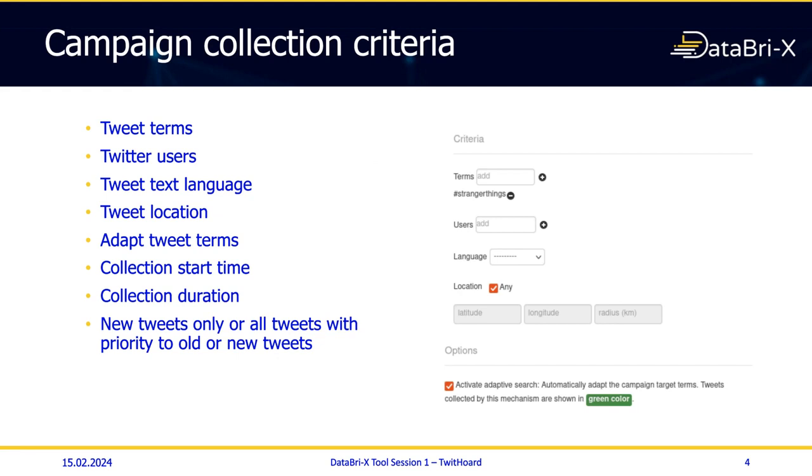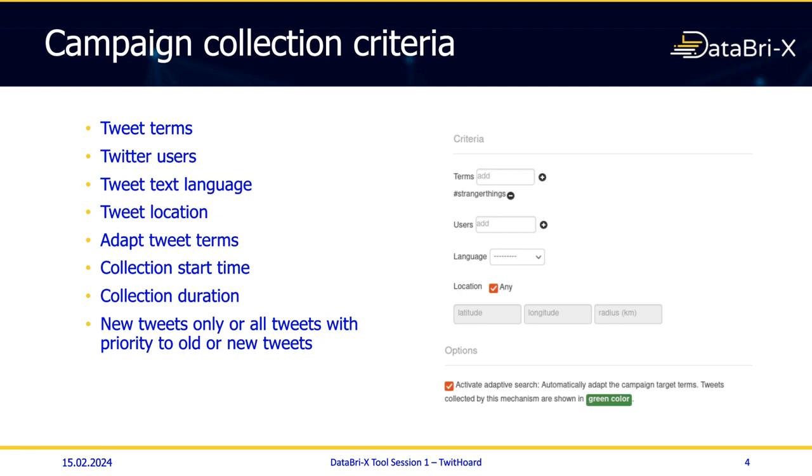The first step in order to begin a campaign is to specify the criteria of the campaign. The user can specify the tweet terms to track, terms that appear in the tweet texts. The user can also specify Twitter users that need to be tracked regarding their posts.